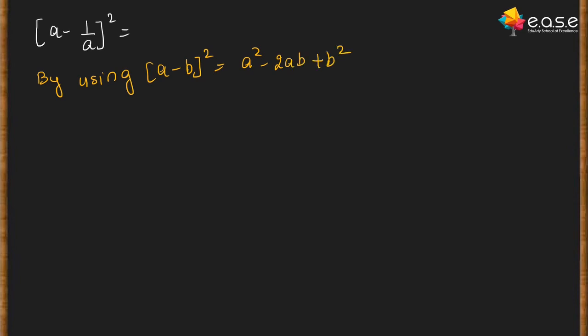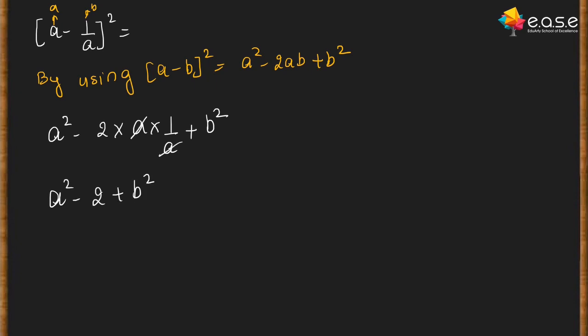If you take this as your a and this as your b, it becomes very easy because you can just substitute and you'll get the answer. So a square minus 2 into a into 1/a plus b square. That gives a square minus 2, as this a and this a will cut, plus b square. As a final answer, (a − 1/a) the whole square is equal to a square plus b square minus 2.